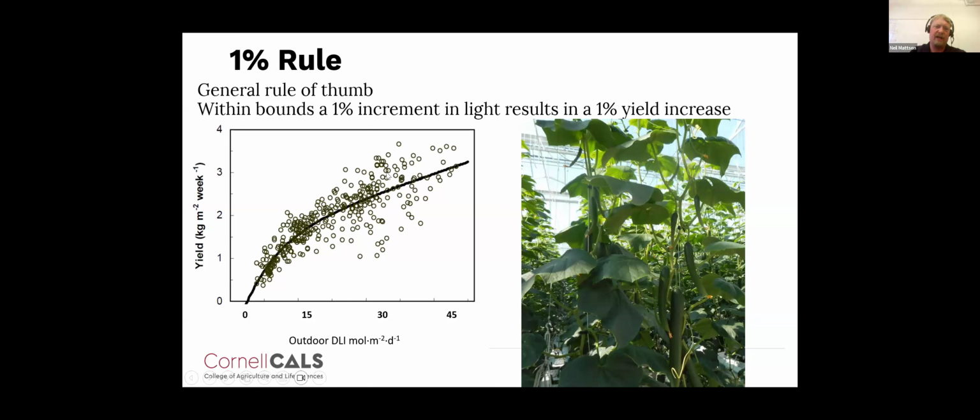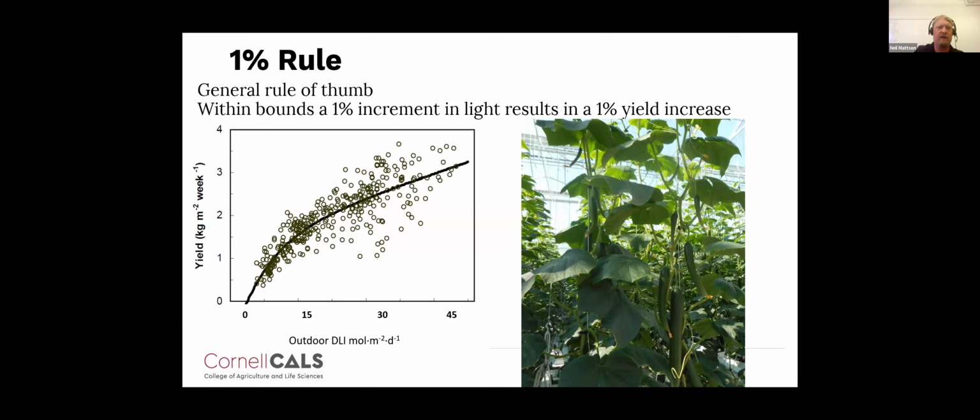Any crop will have that region where the increase in yield is linear, or increases proportionally to how much light you get. And then at some point, you'll start to get diminishing returns where you'll add a unit of light, but you won't get that same percent increase in yield. So that's the inflection point where we start to see diminishing returns for adding supplemental light.